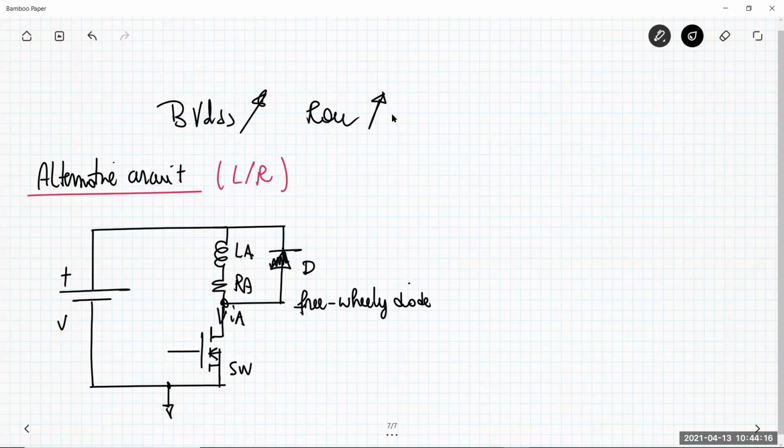Let me just see what happens at the turn on. At the turn on, the MOSFET is commanded to be on, so the voltage applied between the gate and the source, the common port of the MOSFET, is higher than the specific threshold of the MOSFET, so it's conducting the current.